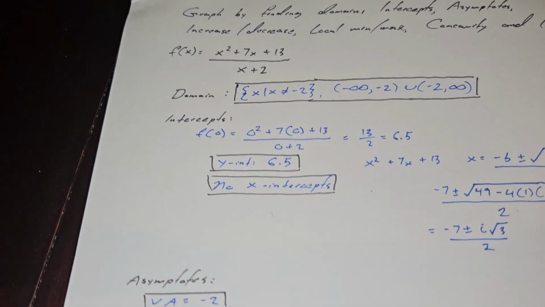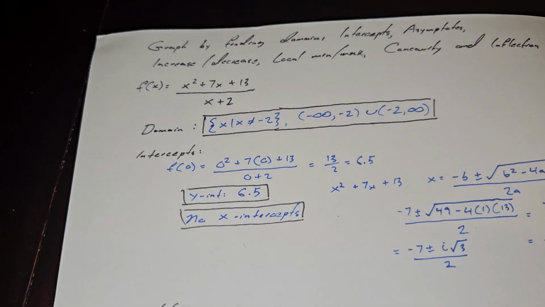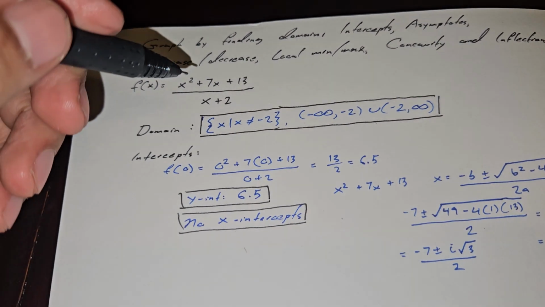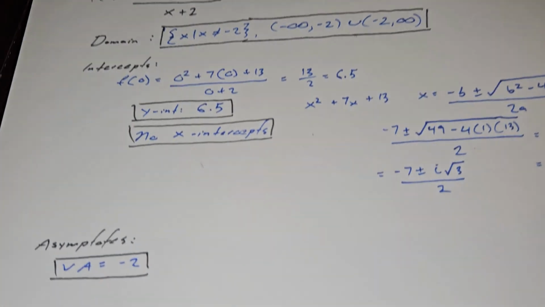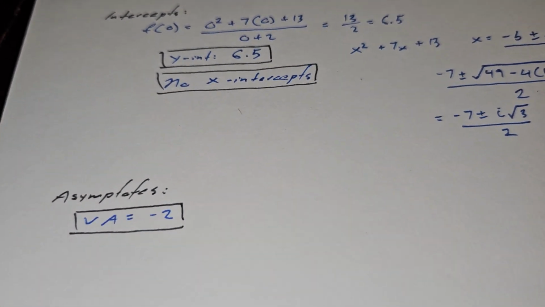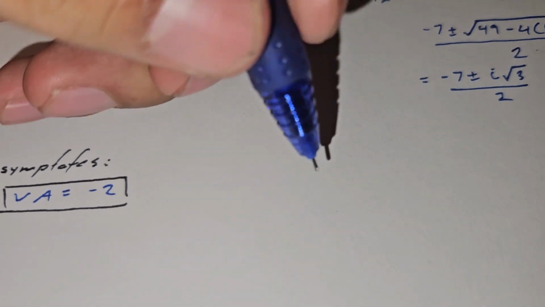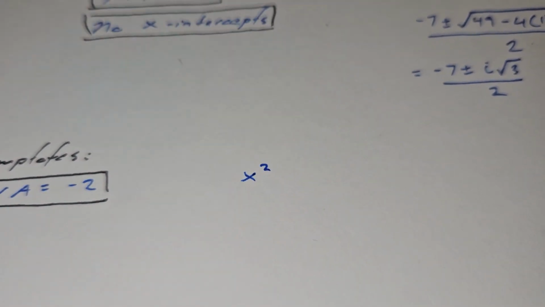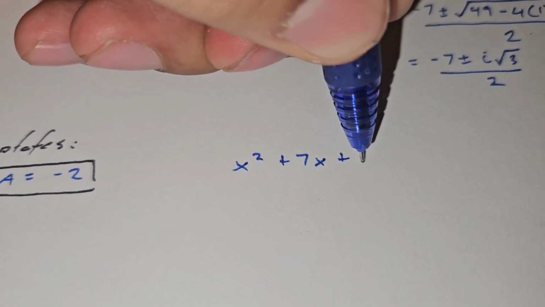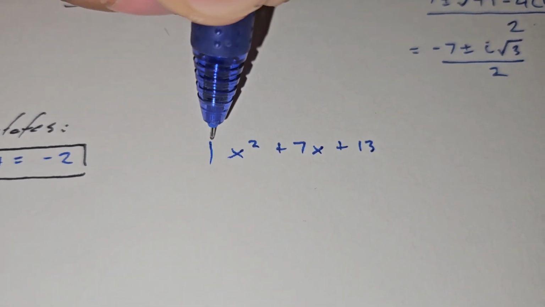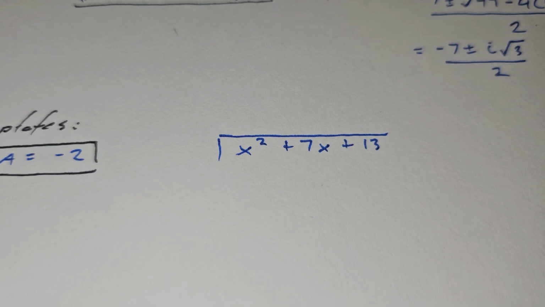So let's go ahead and find our oblique asymptote. We can do this by dividing the numerator by the denominator, so let's do some polynomial division. We have x squared plus 7x plus 13 divided by x plus 2.